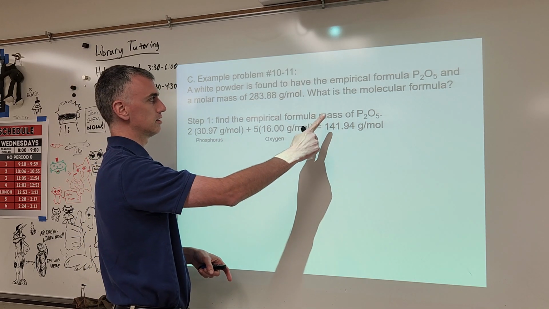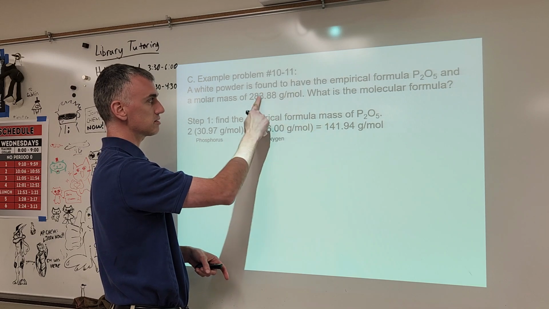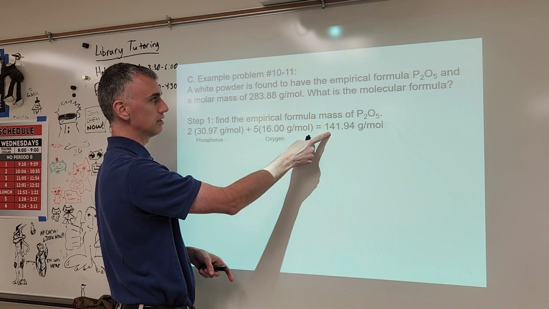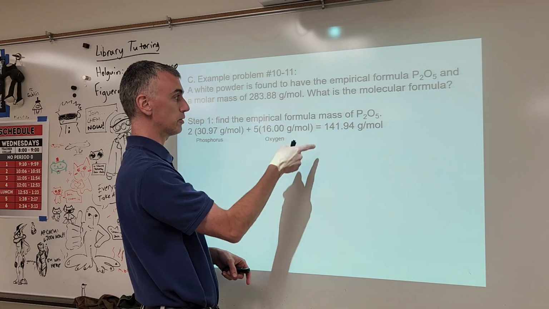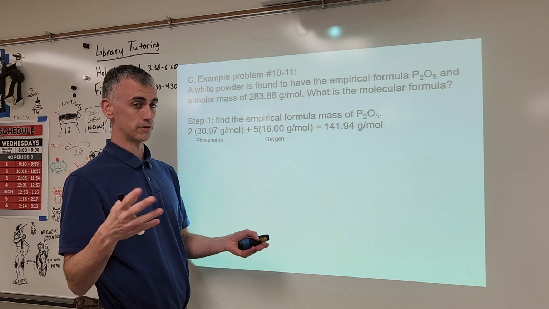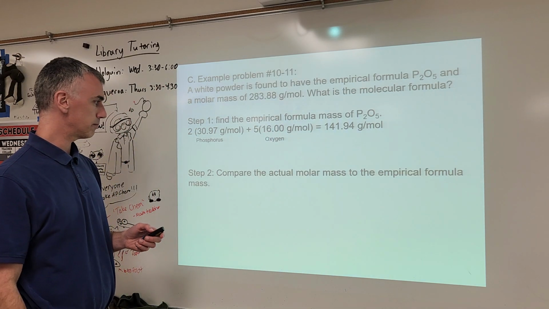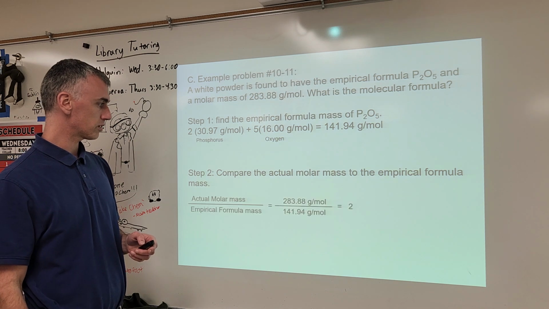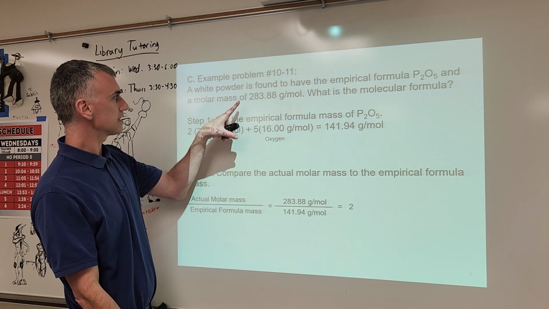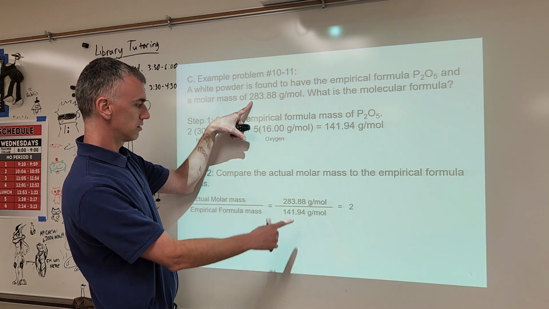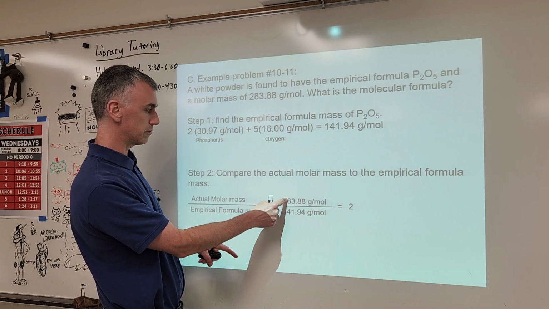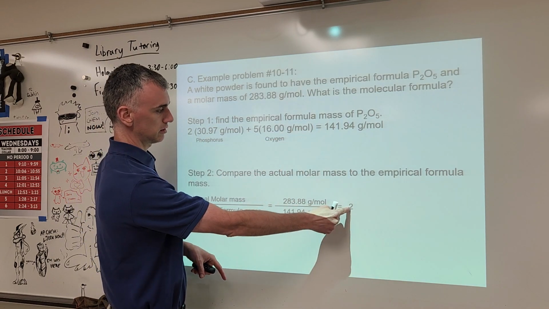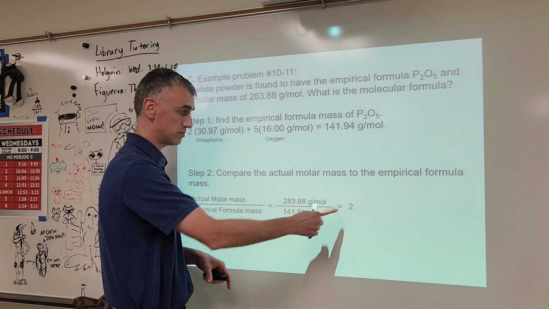Sometimes they're the same, sometimes they're different. If they're the same, then empirical and molecular formula are the same. And if they are different, then empirical and molecular formula are different. So the way the math is going to look to figure this out is we notice that the given molar mass, when we compare it to the formula mass, like we divide the bigger one by the smaller one, it's twice as big. It's almost exactly twice as big.